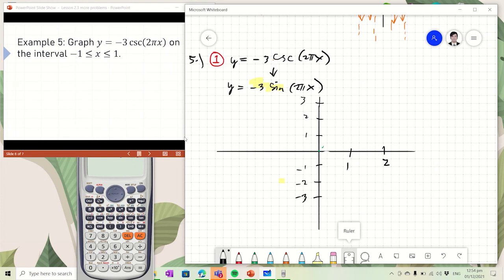Mirror lang tayo. -2. So, start tayo from 0, 0. And since negative yung ating A, so papunta tayo sa baba instead na papunta tayo sa itaas. So, from here, yung 1/2 natin, dito, that's the -3.